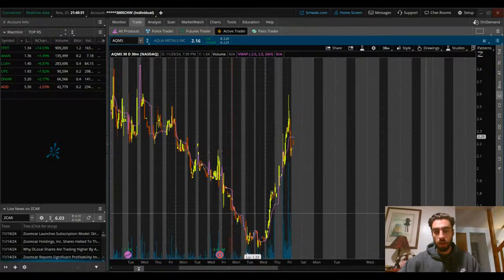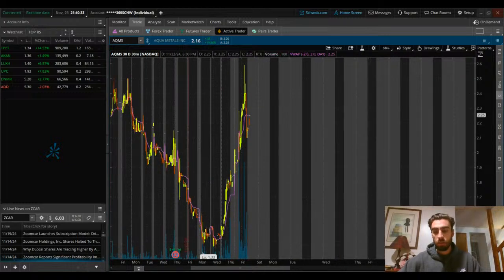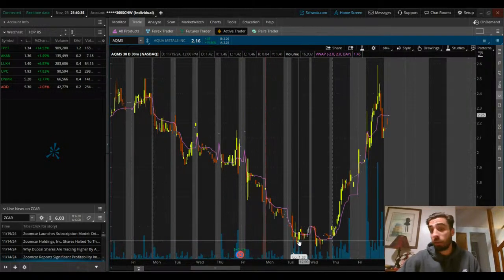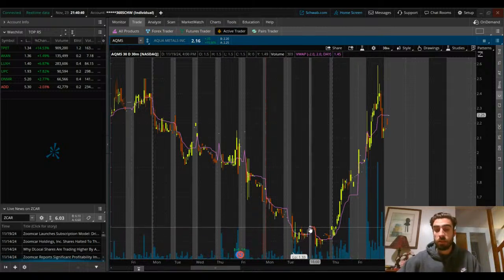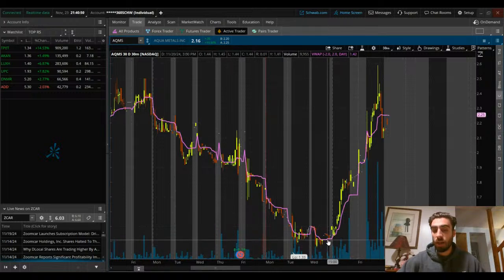The next one is AQMS, again near a dollar, 1.33. Another thing I'm seeing is when it makes a low, sometimes we'll see a little push off that low, and then it goes back down to that low and curls back up, almost like a W shape.